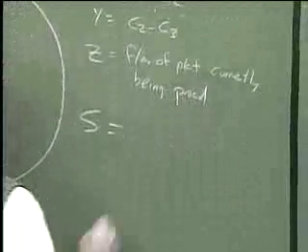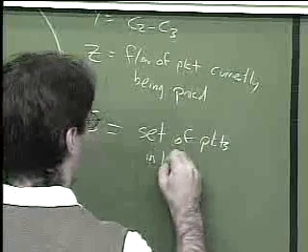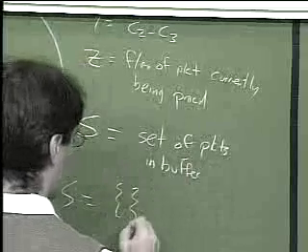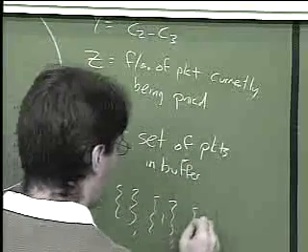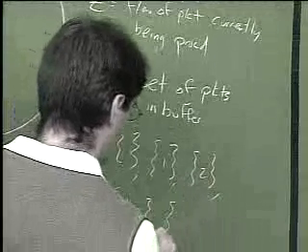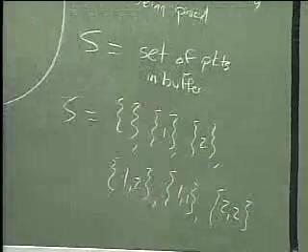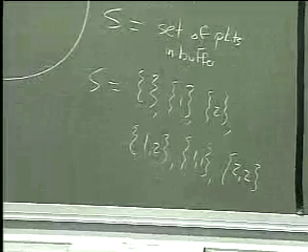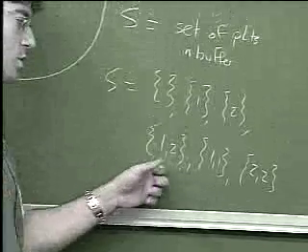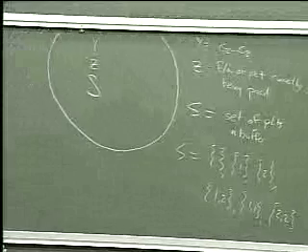And S is the set of packets in the buffer, where S can equal the empty set, a packet from flow 1, a packet from flow 2, packets from flow 1 and 2, 2 packets from flow 1, or 2 packets from flow 2. Since I don't care about the order, I don't need to keep track of 1, 2 and 2, 1 separately, so it cuts down on half the states I have to keep track of.